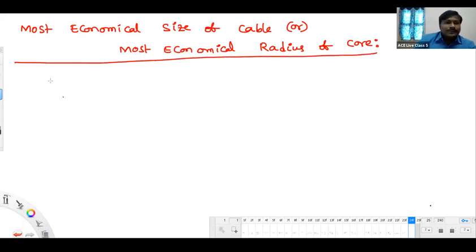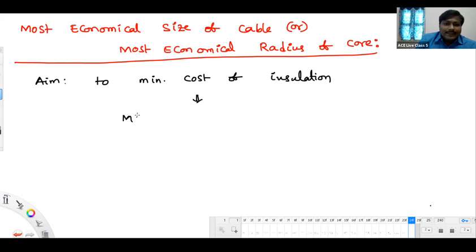What's the purpose of this, what's the aim of this? To minimize the cost of insulation. How to minimize the cost of insulation? By minimizing the E smaller value.